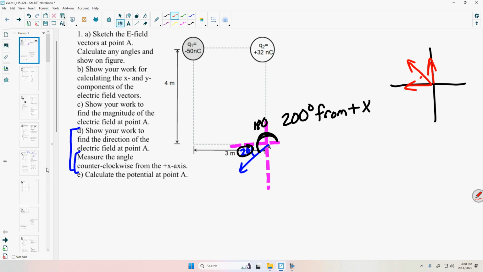When you find this angle, that's going to be above the negative x-axis. Or if I have 2 resultant vectors in this direction, those are the x and y components, then when I add up those 2 vectors, that angle is going to be below the positive x-axis.